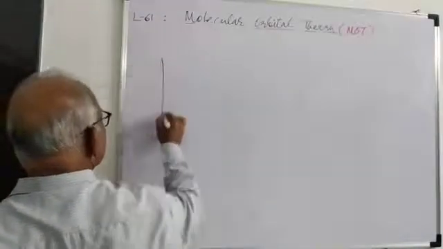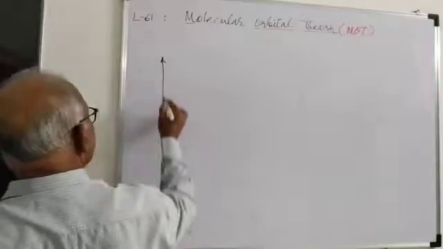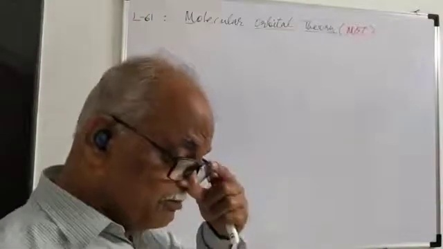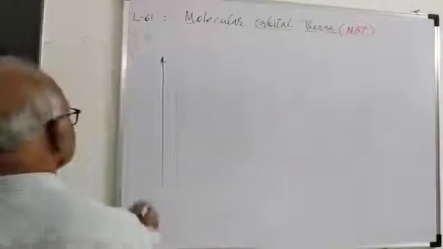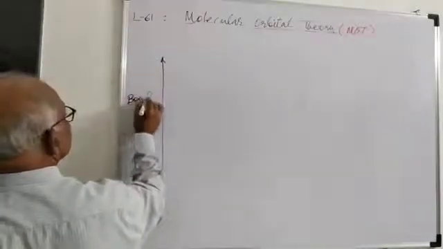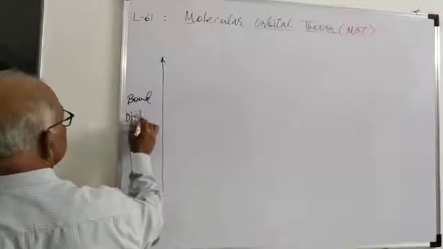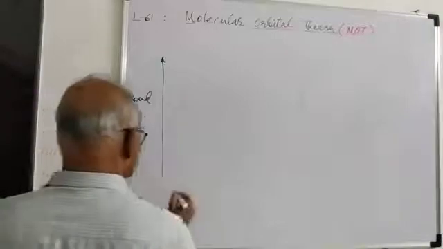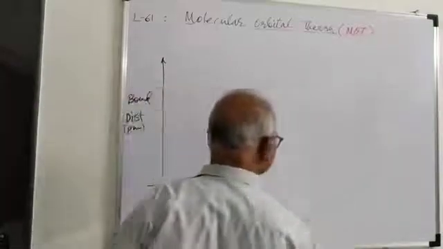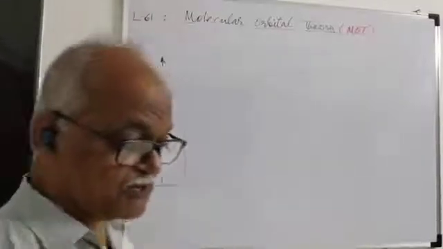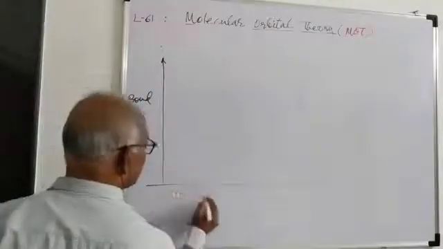Say this is the axis along which we are showing the bond distance, in picometers. And along this axis, we are showing the valence electrons.